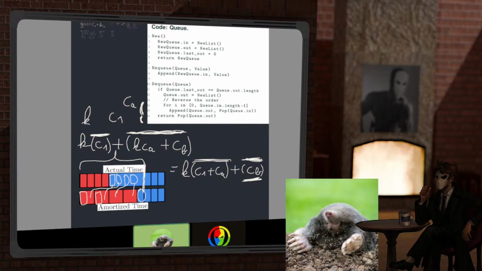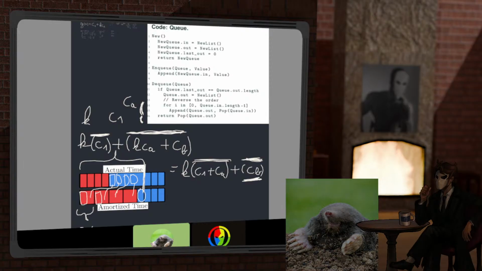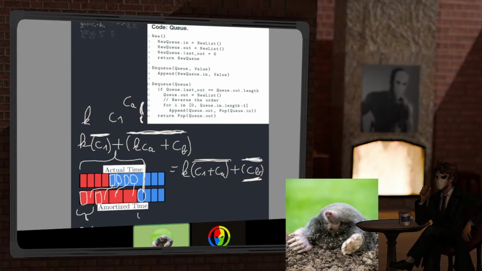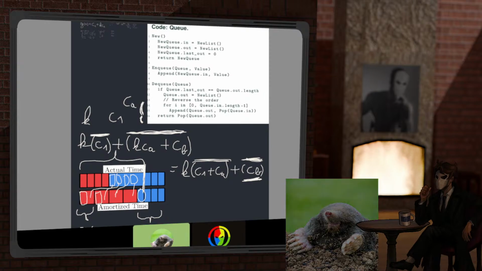Essentially, we are saying that if the enqueue operation pays up for what it will cause later, then it will still be in constant time. It will be a bit longer, but it's still constant time. So it is in O of 1. But now, since everything has already been paid by all the enqueue operations, the outputs, the dequeues, are also in O of 1.